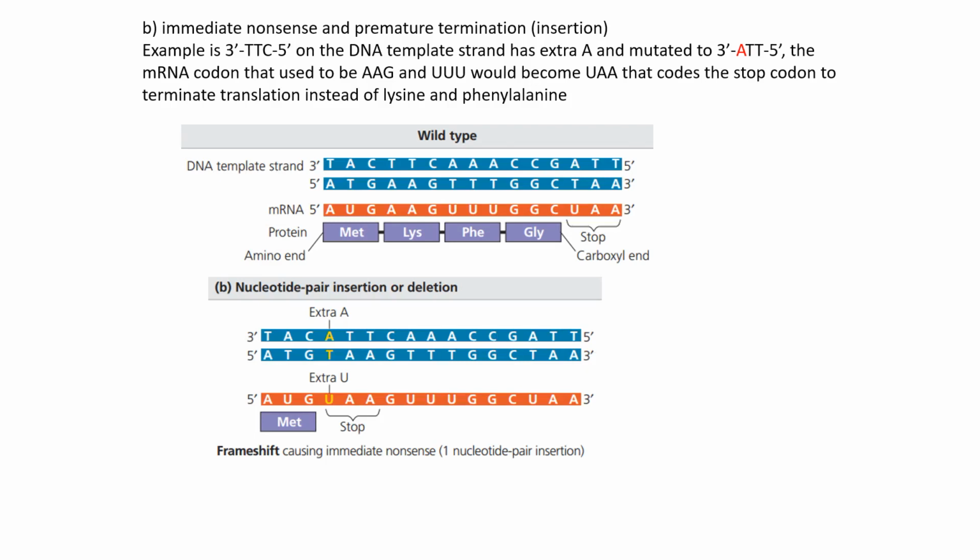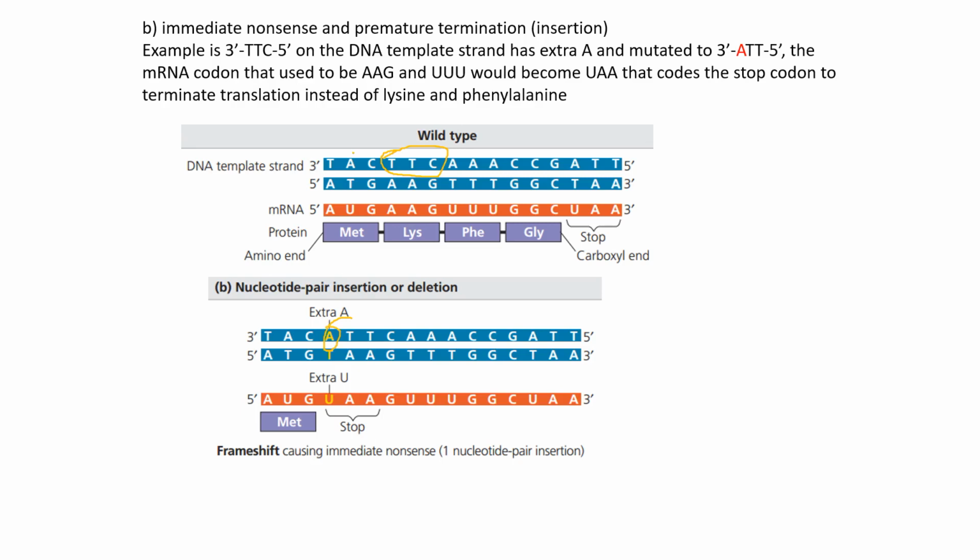Another one is immediate nonsense, or premature termination. This is caused by insertion of at least one nucleotide base pair. Now, example is the TTC on the DNA template strand, which has an extra A being added here.